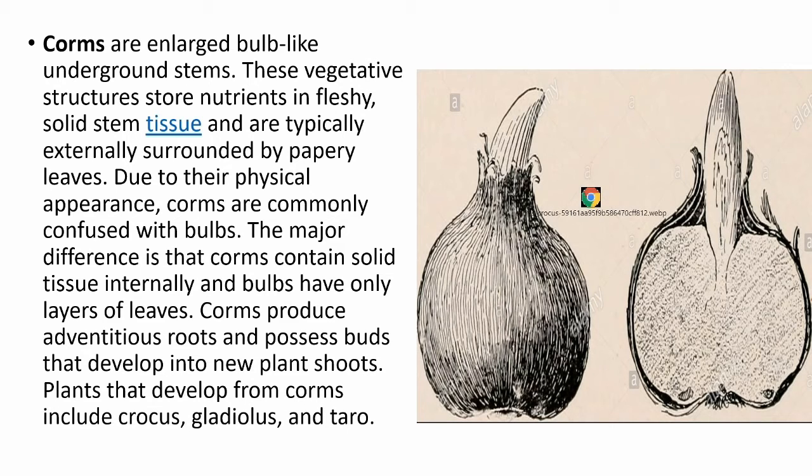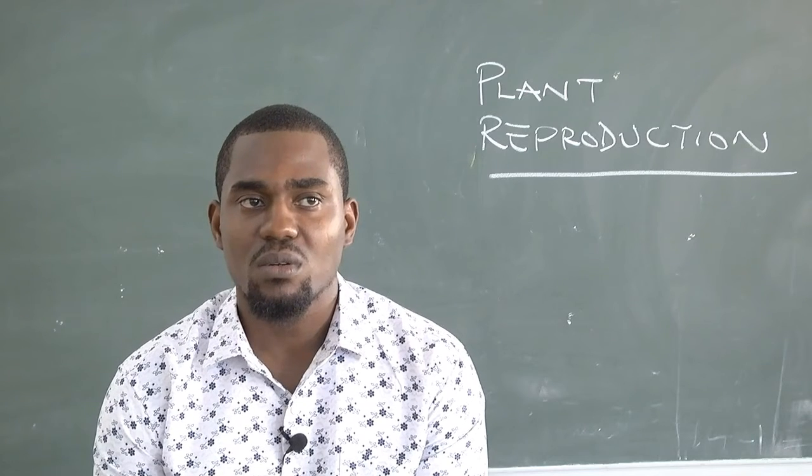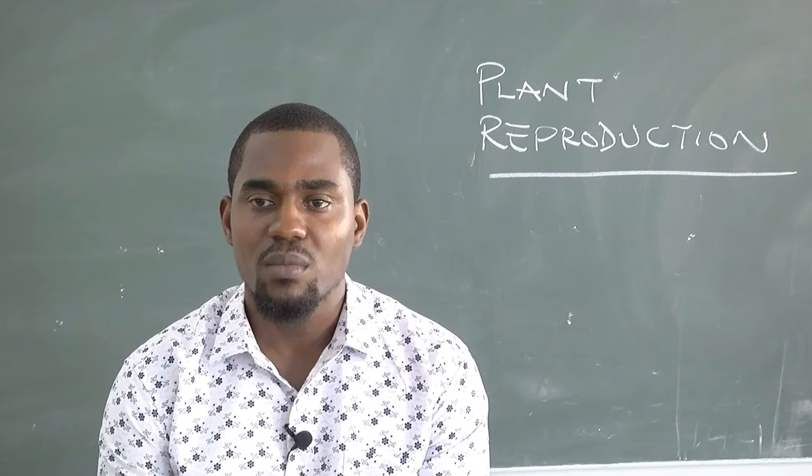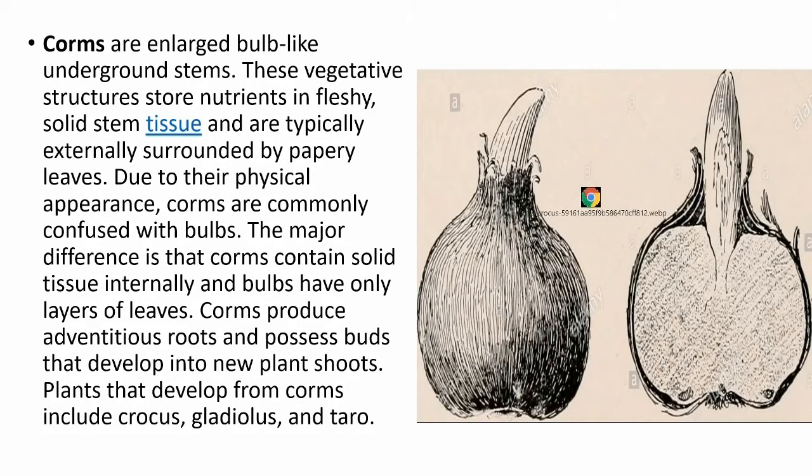Due to their physical appearance, corms are commonly confused with bulbs because they look so much like bulbs, but they are not bulbs. The major difference between the bulb and the corm is that the corm contains a solid tissue internally, while the bulb has only layers of leaf. Like the taro has what we call the corm, and the onion has what they call the bulb. If you look at the structure of the onion, it's just like layers of leaf over one another.